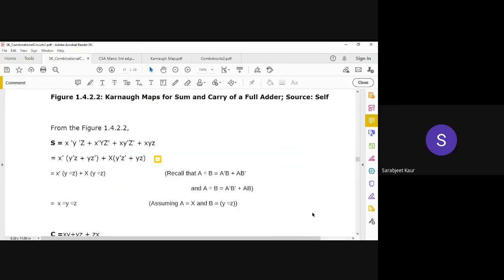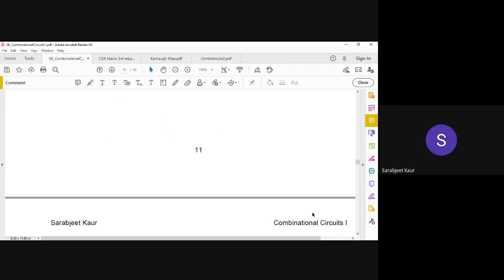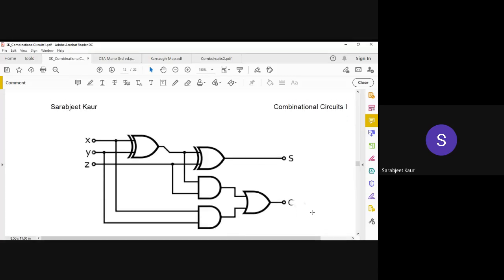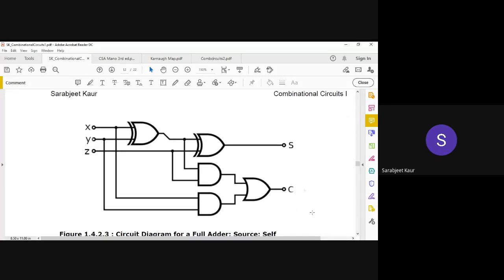What is the next step now? Making the circuit and verifying. Yes, making the circuit diagram and verifying it, right? So you can see that I have taken 3 inputs x, y, z, and x and y are first XORed to give me what? To give me x XOR y here.